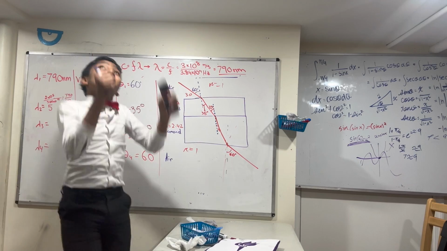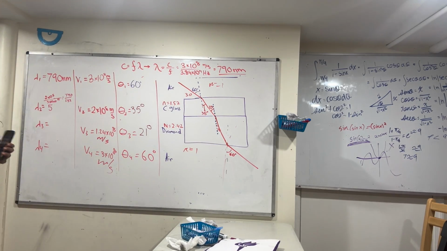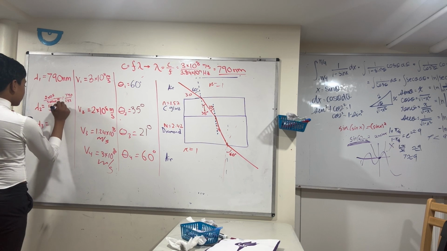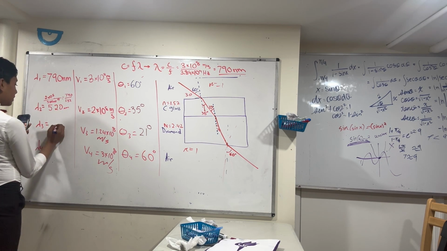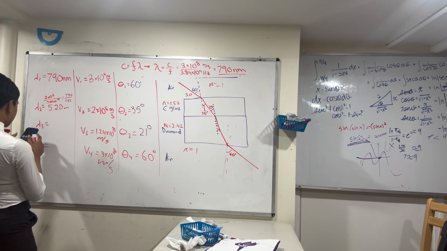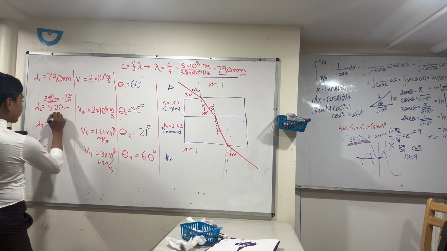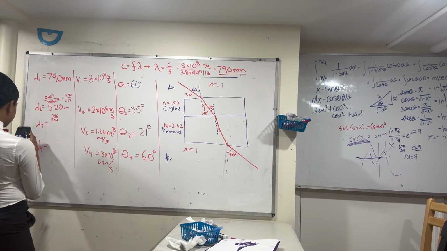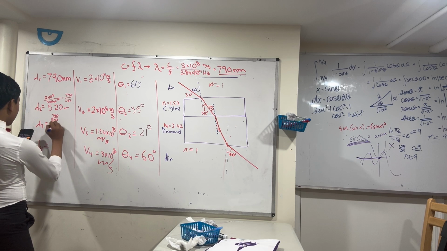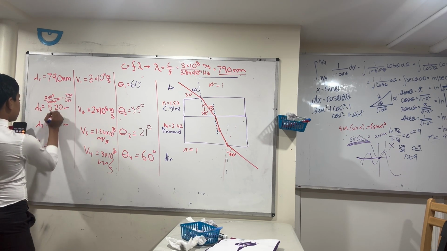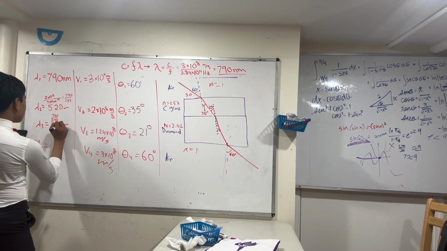It slows down. That means the wavelength decreases. 520 nanometers. Okay, next. And then the next one is just going to be 790 over 2.42, which is 326, or 330 since we're rounding to the nearest 10.